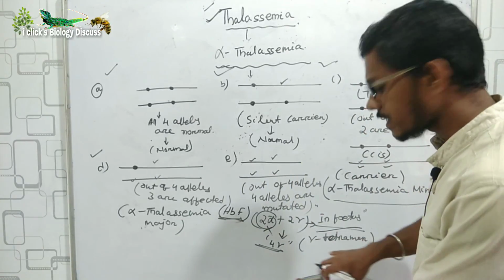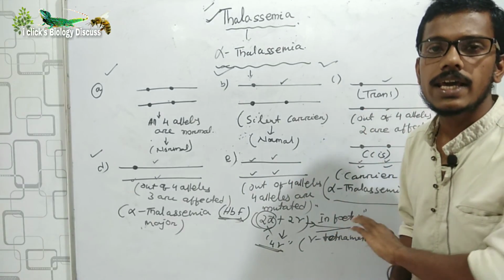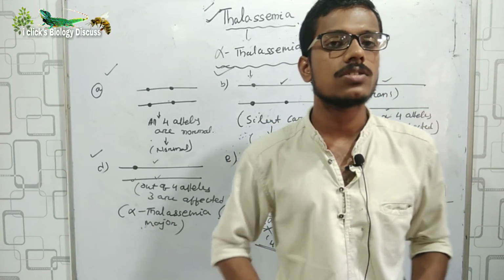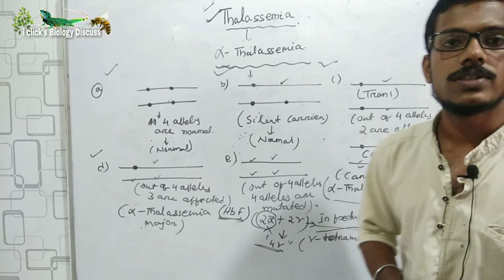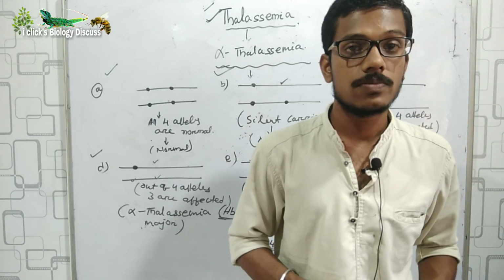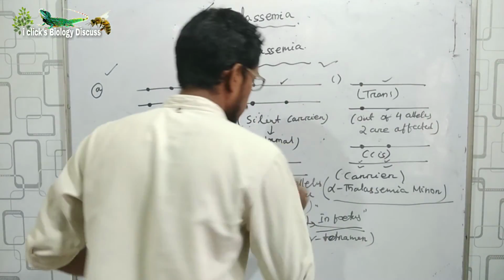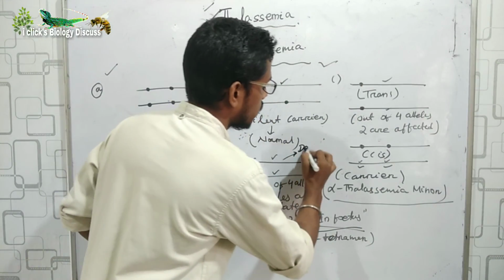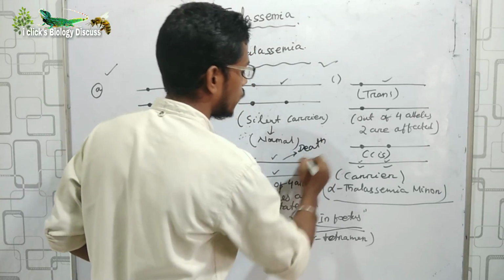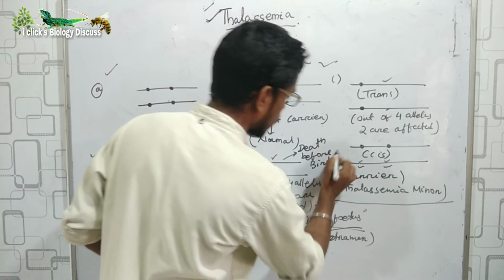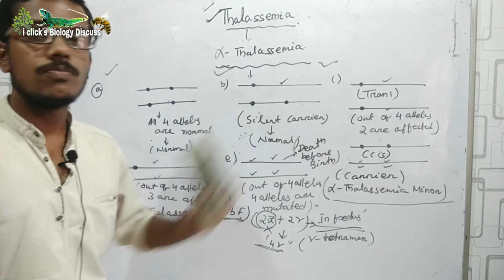The gamma tetramer is not a normal hemoglobin, so there will be a decrease in the oxygen supply in that particular fetus or developing baby. That's why it will lead to death of the individual, death before birth.